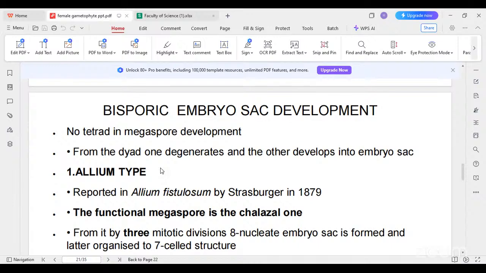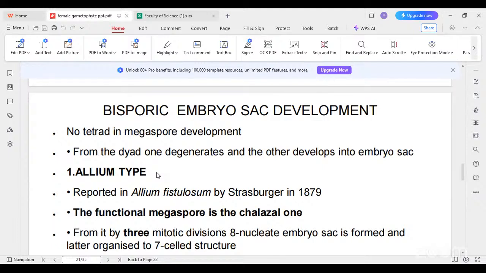The plant name is Allium fistulosum, which is the example for this. The scientist Strasburger explained this in 1879.